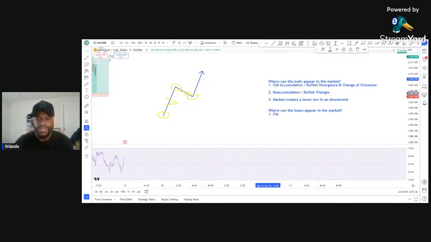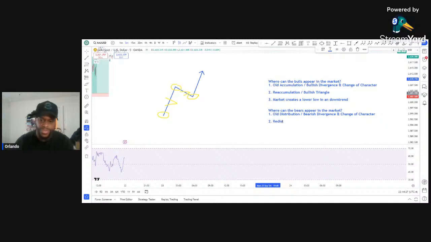So it's going to be an old distribution, which is going to be a bearish divergence followed by a change of character. I'm going to have everybody trading. I'm telling you, I break this stuff down to the point where it's so understandable.